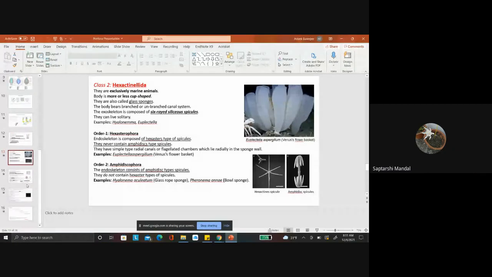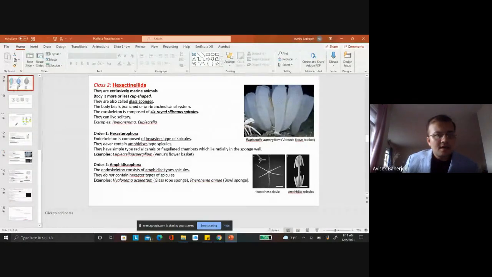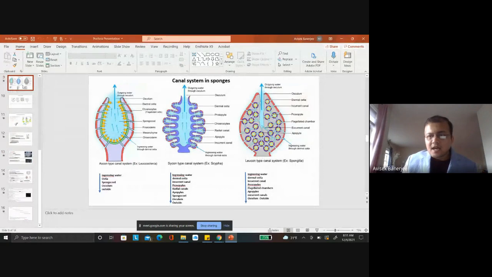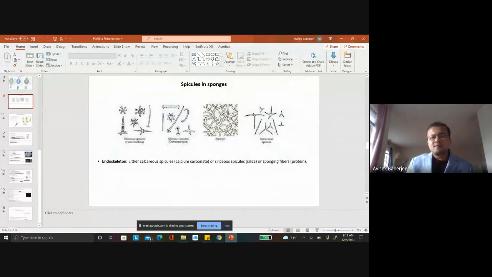Sir, are they interlocking or are they attached to some kind of fiber or proteins? Well, that's an interesting question. I really don't know, and definitely they are not floating. If they are supportive structures, there has to be something, but these are very oversimplified images we find in the book chapters.